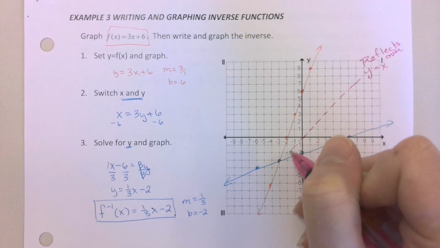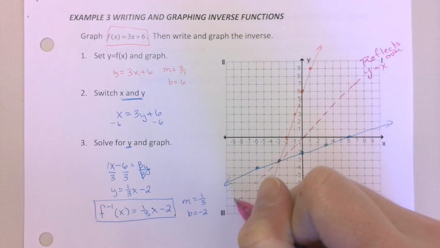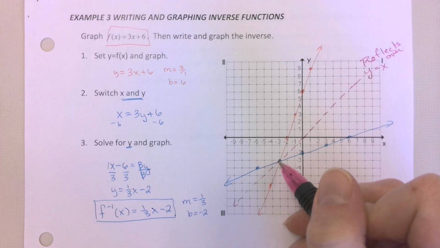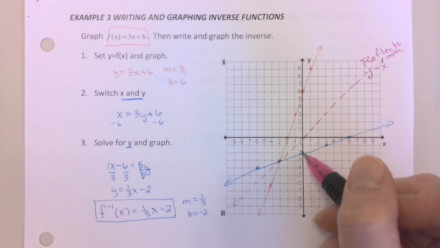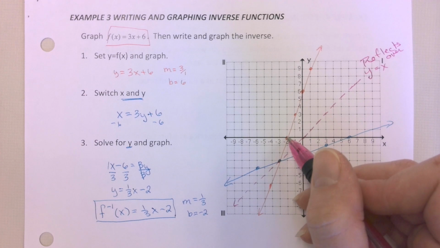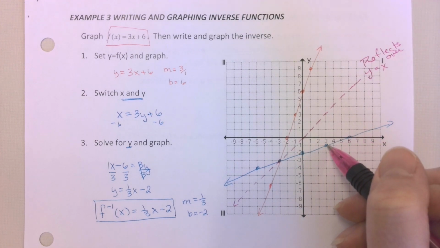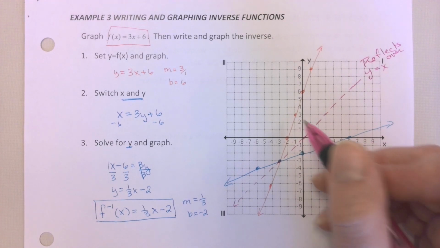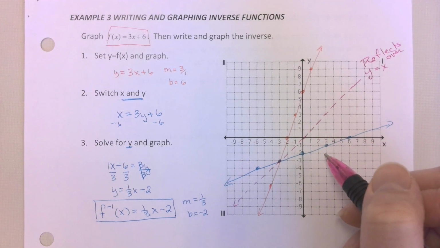And so if I keep sketching this line, you can see if my inverse and its original function overlap, they overlap there on the line of reflection. And you can see that this point of 0, -2 reflects over here to -2, 0. And the point of 3, -1 reflects to a point of -1, 3. The x and y have inverted.